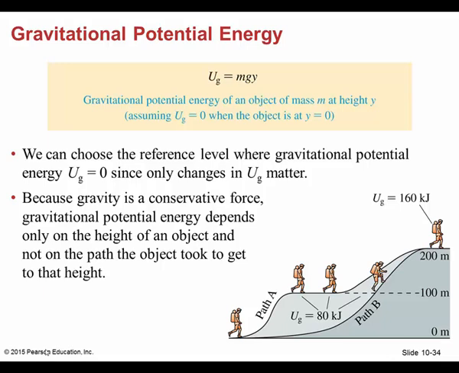Potential energy, gravitational potential, is the mass of the object times acceleration of gravity times the y, and actually we should say change in y, the change in the height above the surface of the earth.